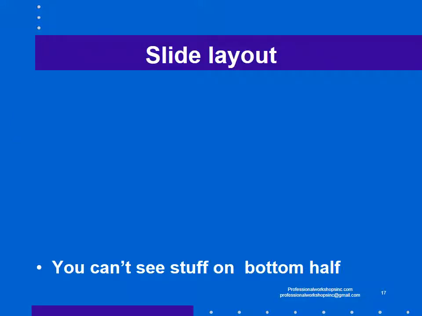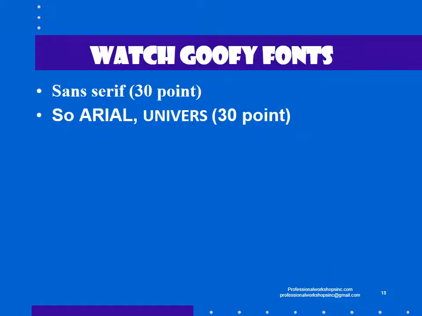Now, the other thing about slide layout, the participants can't see the stuff on the bottom half. So don't do that. You want to try to stick to the top half of the slide. And again, as we can have goofy colors, we can have goofy fonts. We don't want goofy fonts. They're silly. We want a sans serif font. So the first font there, that's Times New Roman in 30 point, by the way.